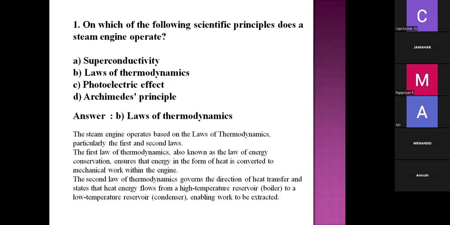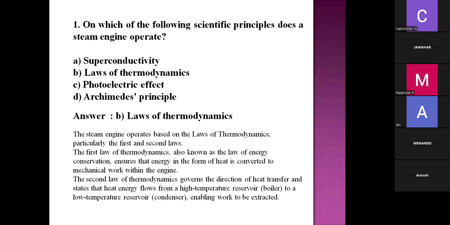The second law of thermodynamics governs the direction of heat transfer and states that heat energy goes from a high temperature reservoir to a low temperature reservoir, enabling work to be extracted.